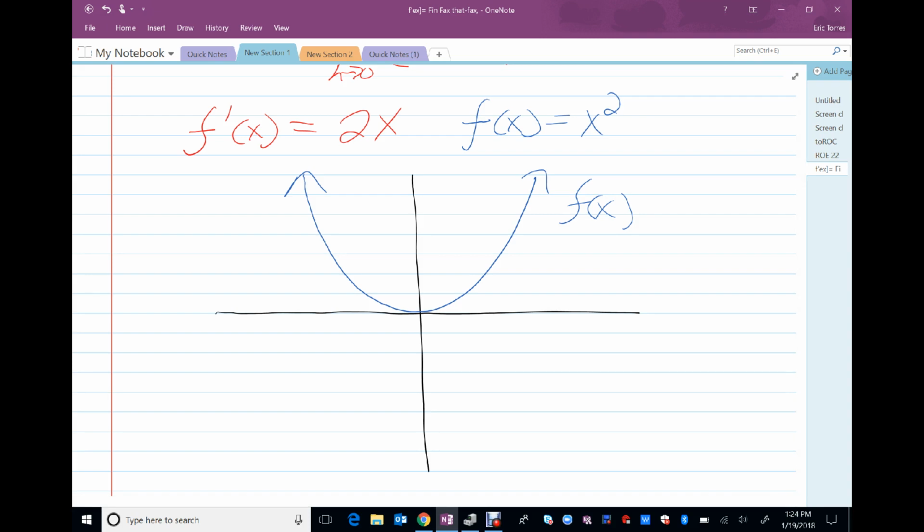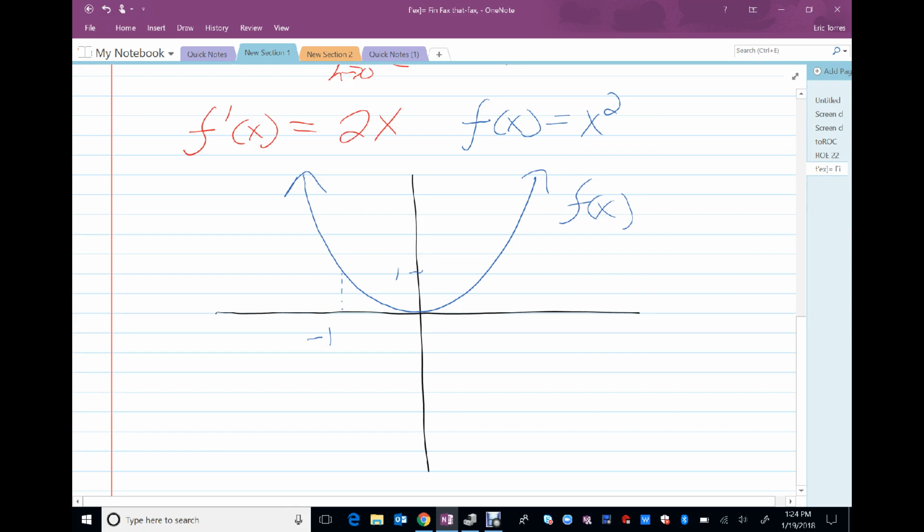Let's just take a couple of points. If I was to look at possibly, let's see, let's go with about right here. I'm going to say negative 1 for x will produce 1 for y.